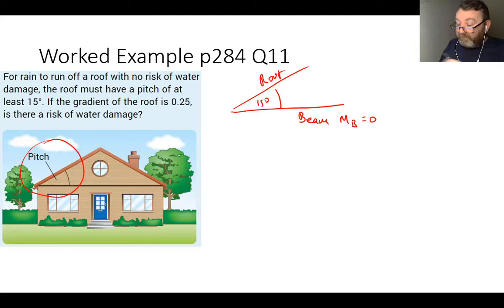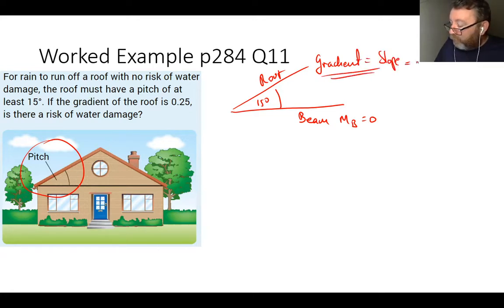I'm hoping that the gradient of the roof, or by the way, gradient, right up here, gradient equals slope, okay? So I'm hoping that the gradient is going to be 0.25. So what I'm going to do is take tan of alpha equals plus or minus m1 minus m2 over 1 plus m1 m2.